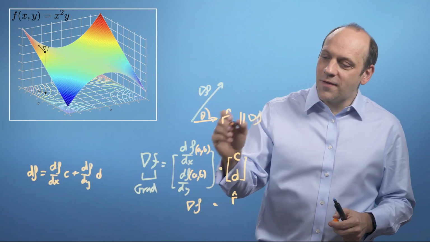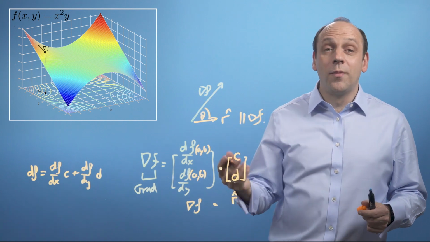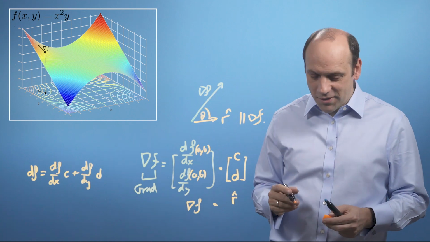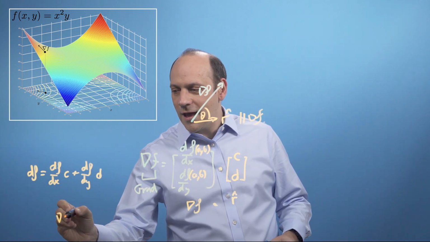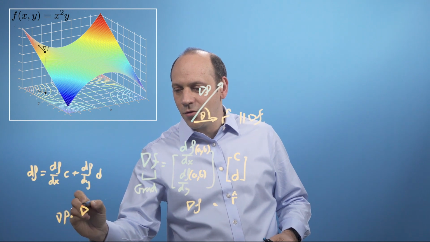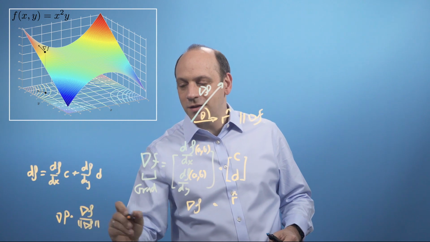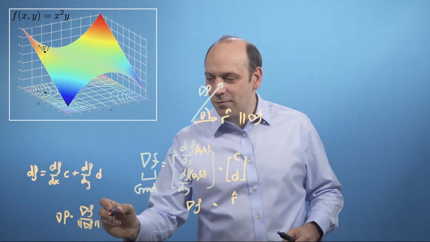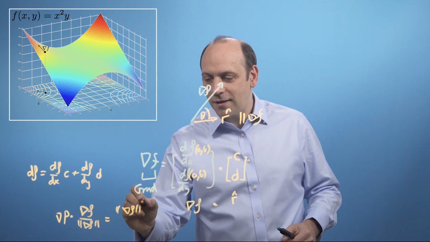So in order to find the maximum value of the directional gradient, we want an r hat that's actually the normalised version of grad. So we can do that calculation. We'll have grad f dotted with the normalised version of itself, so grad f divided by its modulus. But grad f dotted with itself is just equal to the size of grad f squared.